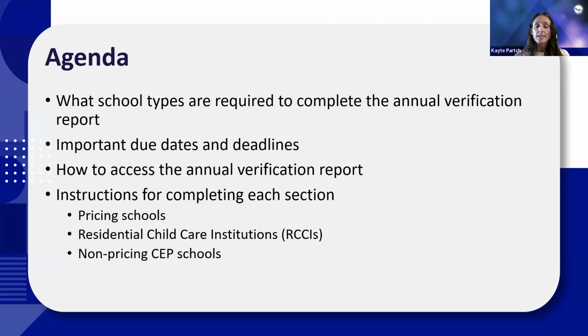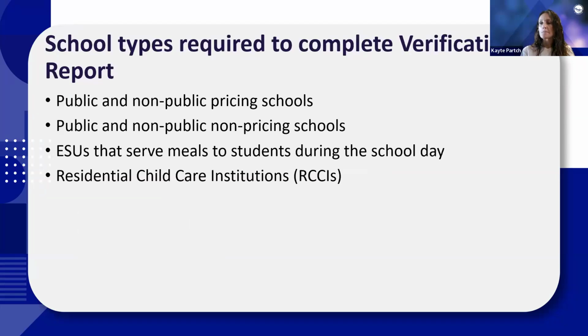And we try to identify the special considerations that might exist among schools and organizations that are required to complete the report, including differentiating between pricing schools, residential childcare institutions, and non-pricing CEP or community eligibility provision schools, because those factors all have some influence on which sections might be skipped and special considerations for what data is included or needs to be reported in a few of those sections.